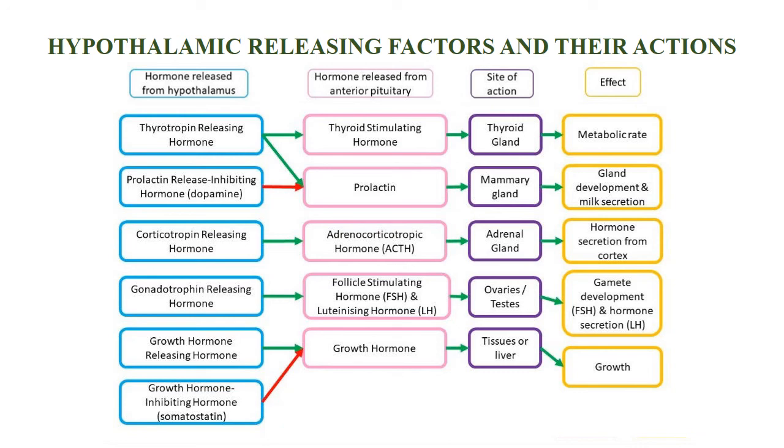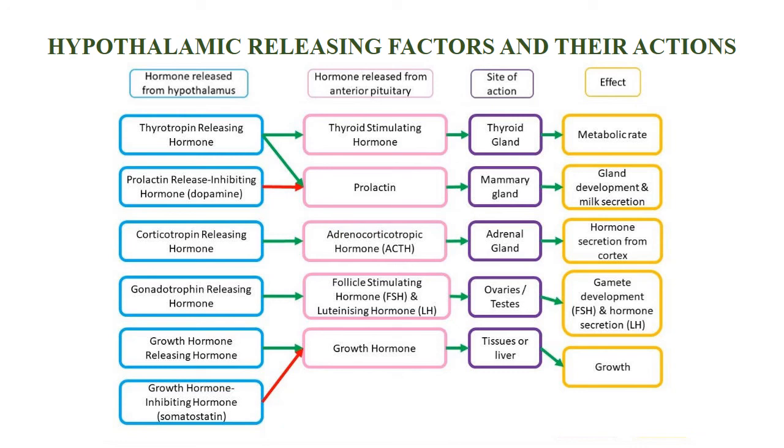Thus, FSH and LH target the ovaries in females and testes in males, and therefore show effects like gamete development and hormone secretion. That is the development of the follicles by the activity of follicle stimulating hormone, and the activity of luteinizing hormone increases the hormone secretion both in males and females.